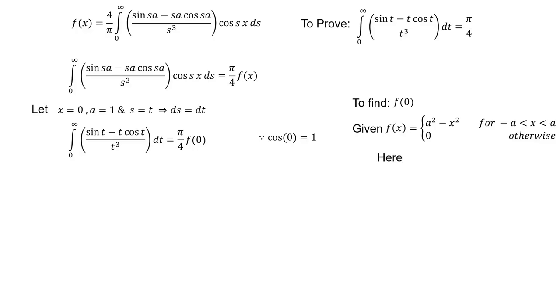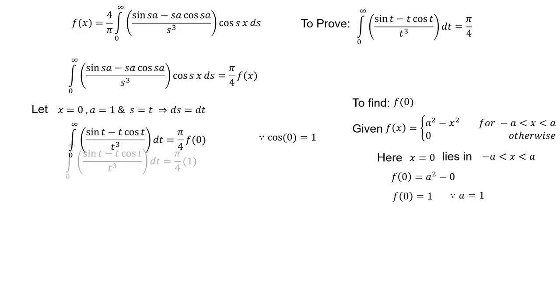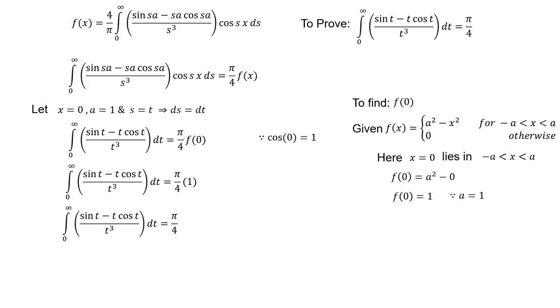Here x equal to 0 lies in the interval minus a to plus a. Therefore the corresponding f of x value is a square minus x square. Substituting 0 for x, we get f of 0 equal to a square minus 0. Here a we already took as 1. Therefore f of 0 value is 1. Substituting f of 0 here, we get integral over 0 to infinity (sin t minus t cos t) by t cube dt is equal to pi by 4 into 1. So we get the deduction part.